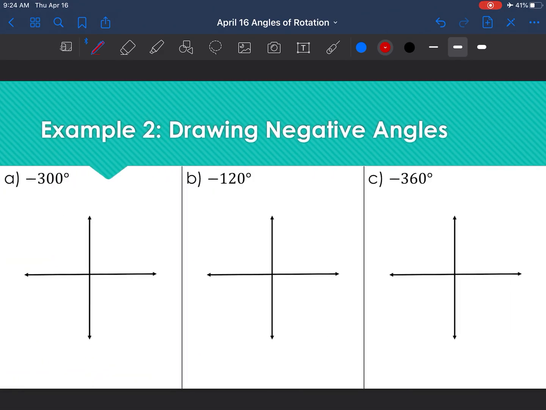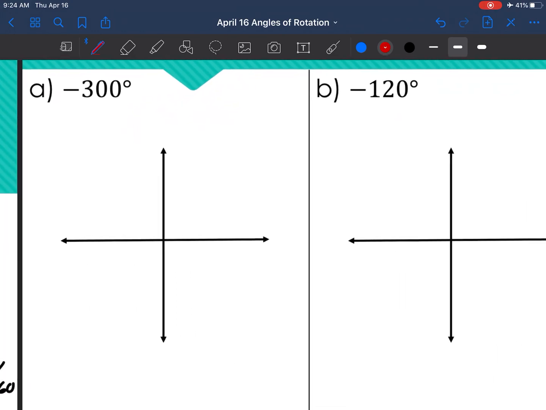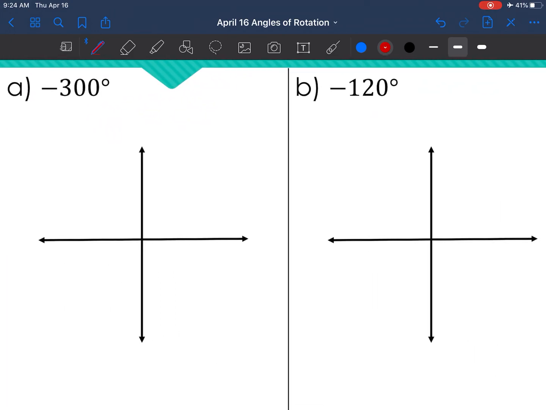Now, same thing with negative angles. You still do the rotation, you just go in the opposite direction. So negative 300, well, keep in mind that this is 0, this is negative 90, this is negative 180, and negative 270, and this would be negative 360. So which one is it closer to again? Well, the closest is negative 270.